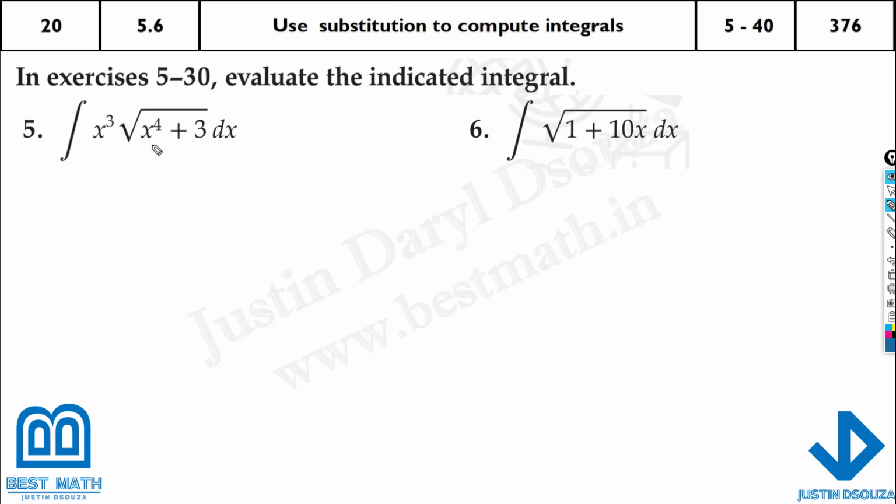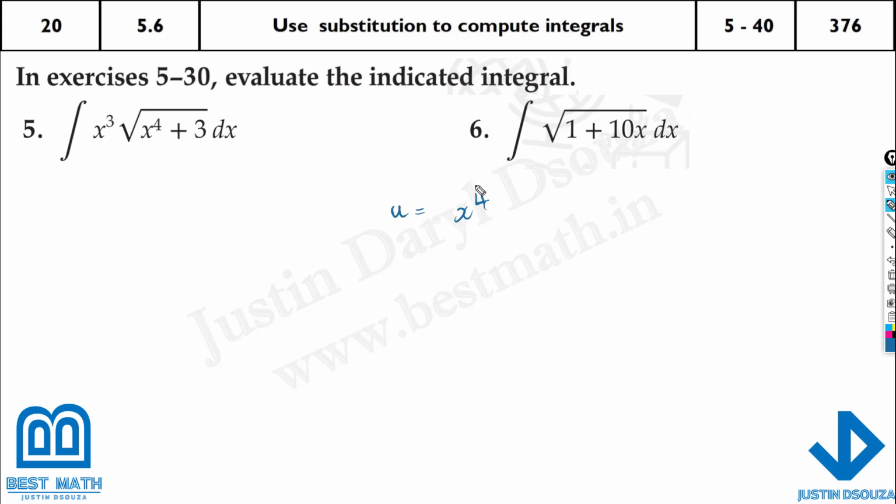Now look at this. Here you can see x to the power 3 times the square root of x to the power 4 plus 3. There is no way we have any rules we can apply and solve these terms. So what we do is we try to assume a certain complicated term as u. Now just imagine, for example, in this case itself, if I consider x to the power 4 as u substitution, we consider it as u.